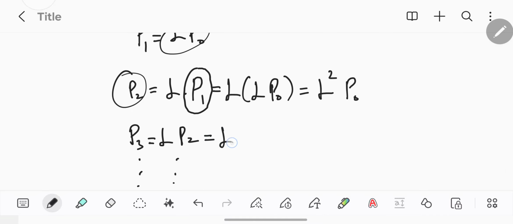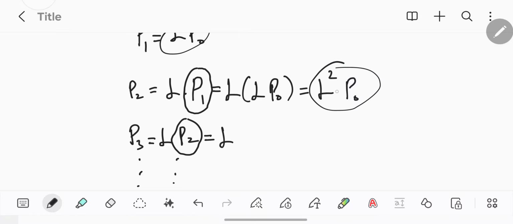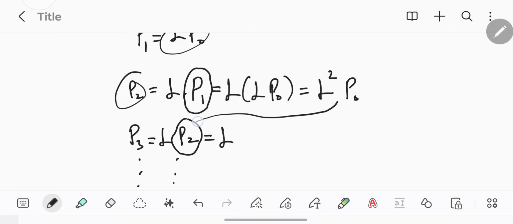Now, if I put here the value of P2, which is again L square times P0, because P2 is equal to L square times P0, this L stays as it is, and in place of P2 I will write L square P0. So I will get L cube P0.